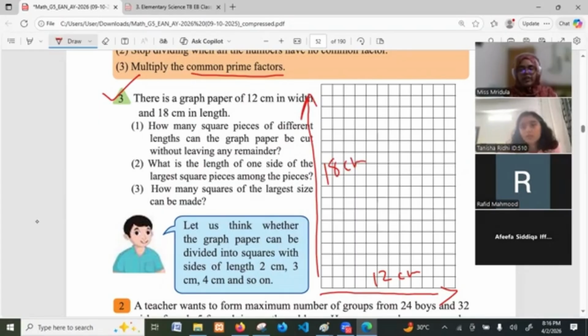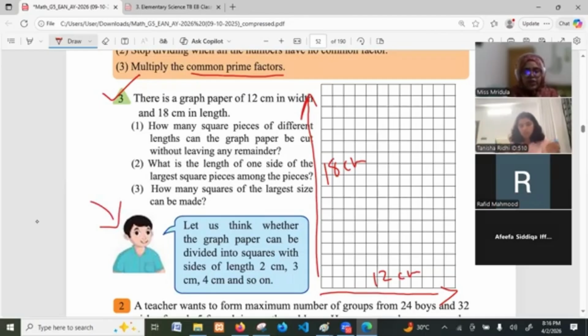That means in this way we have 12 of the boxes, and in this way we have 18 of them. They are asking how many square pieces of different lengths can the graph paper be cut without leaving any remainder.